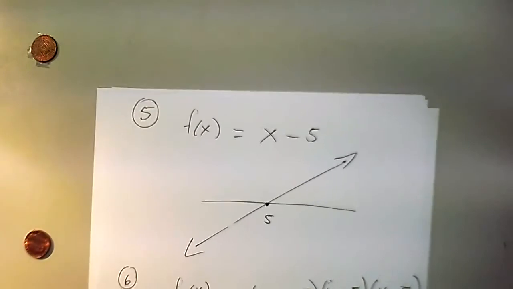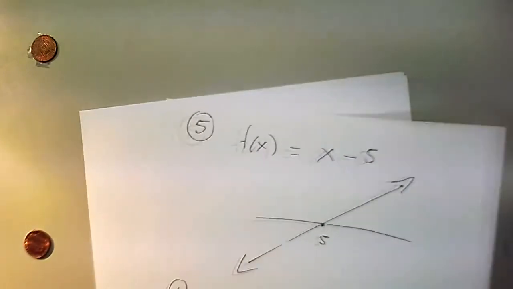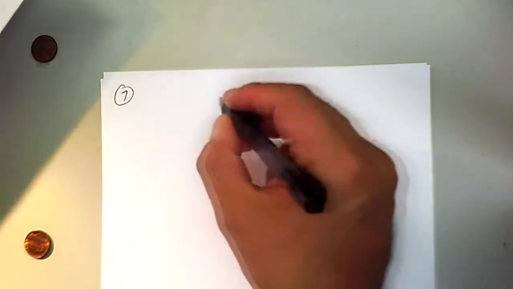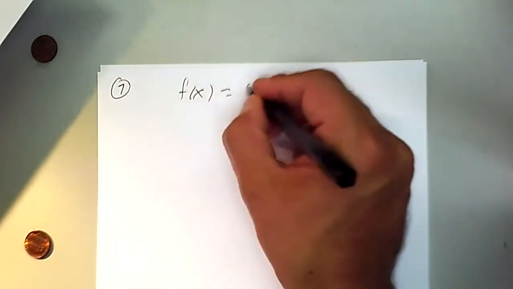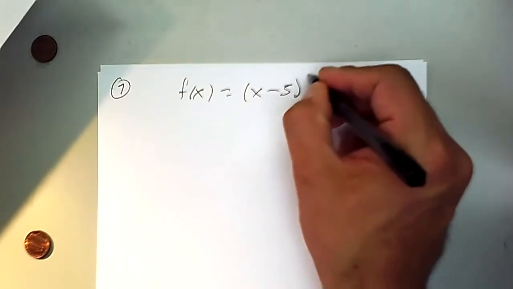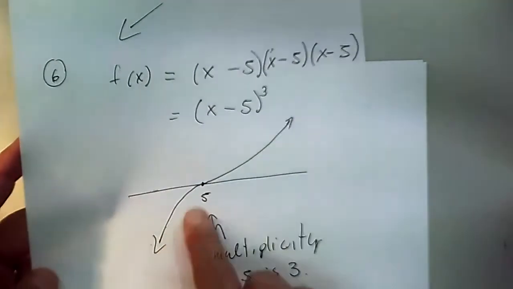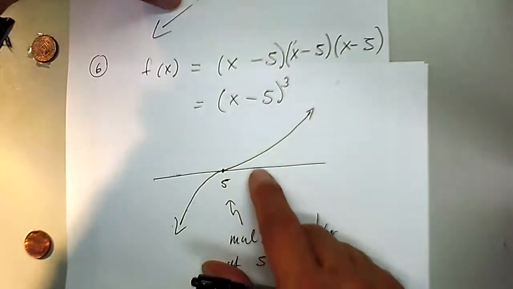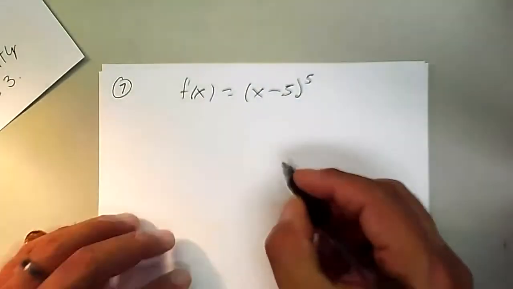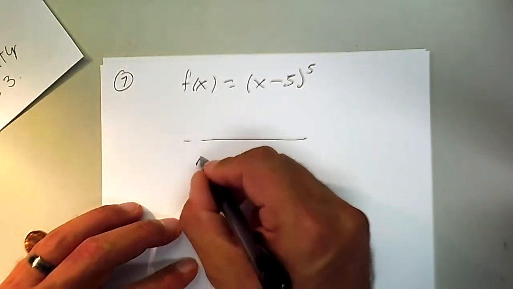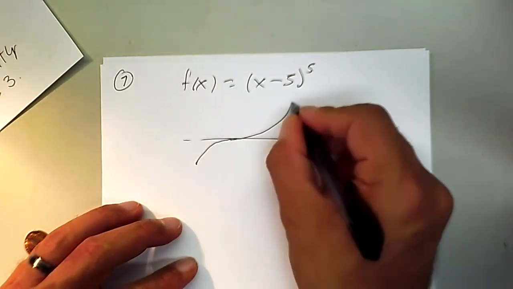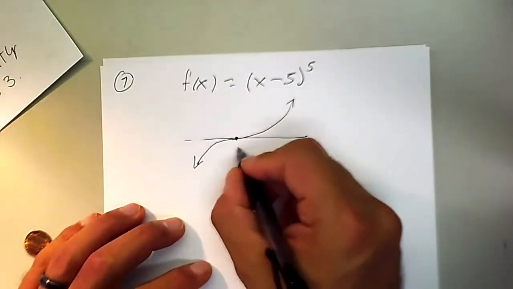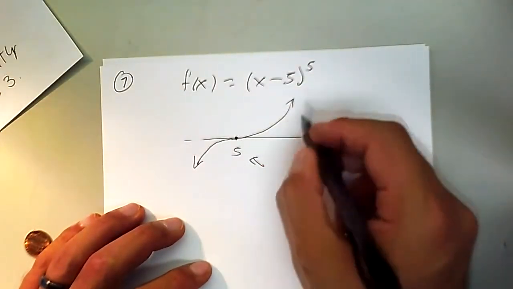Okay. So if we have f of x equals x minus 5 to the 5, we still have the same graph, except that the twisting is a little more pronounced. It is a little flatter. And this is still 5, but the multiplicity is 5.